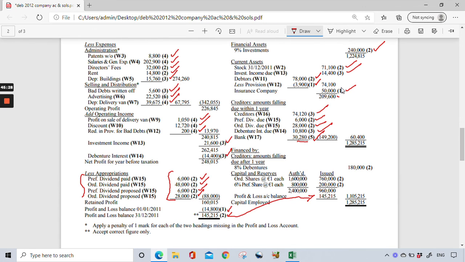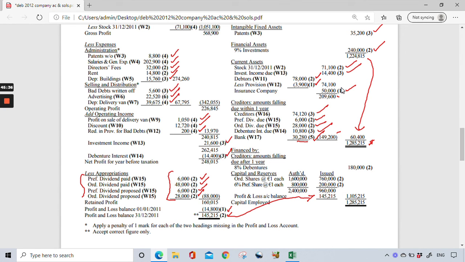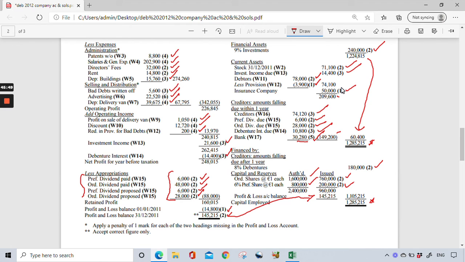Current assets minus current liabilities give us working capital. We add that on to that. There's our final answer. We are given this in the question, this in the question, this in the question, this in the question, and this in the question. We worked this out over here. There's your final answer, which should match. That's it. I hope this helps, and all the best.